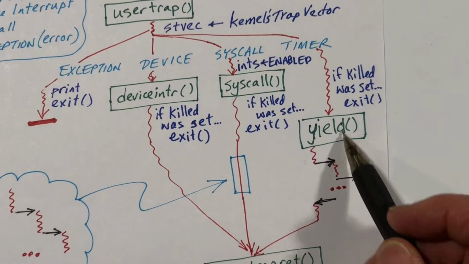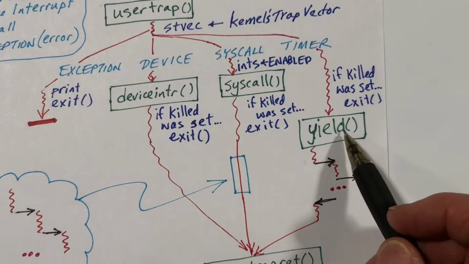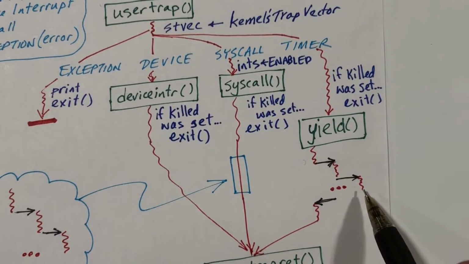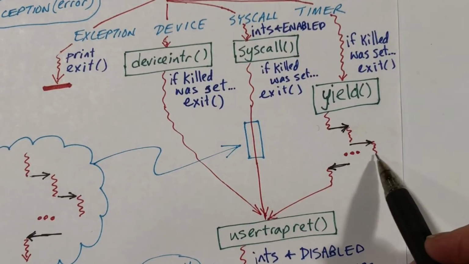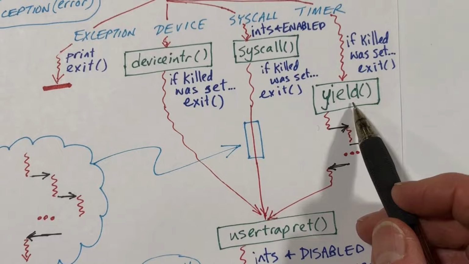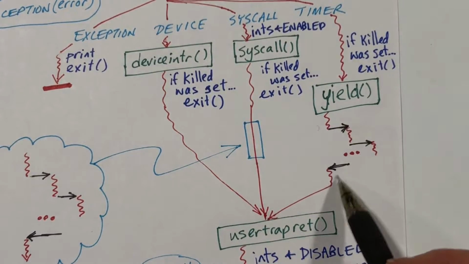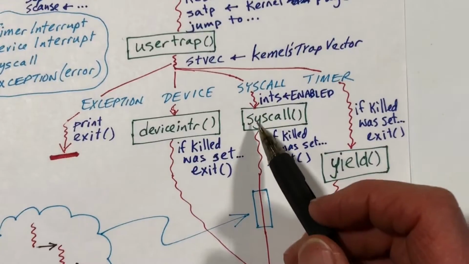Yield will eventually return, but what it will do is allow the execution of other processes. It will invoke the scheduler, and some other processes will execute, but eventually we'll get another time slice and return to yield, and then yield will return, and then we'll continue and go back into the user mode process.